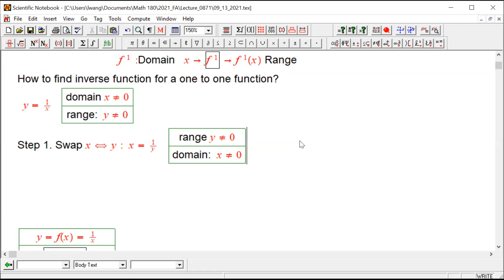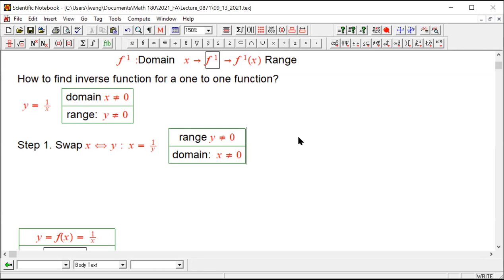You see that swap. When we swap a variable, the variable carries with it its shadow. Its shadow is domain and range. Follow me? Always. What we're talking about is always. Not just today and tomorrow, always.